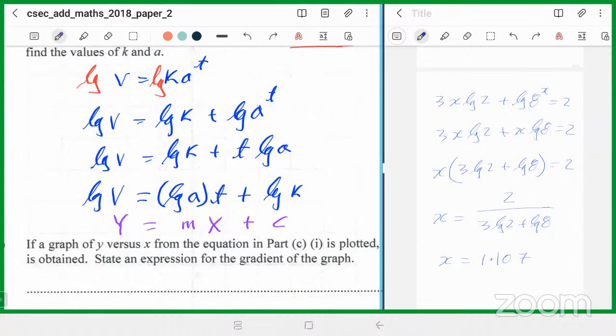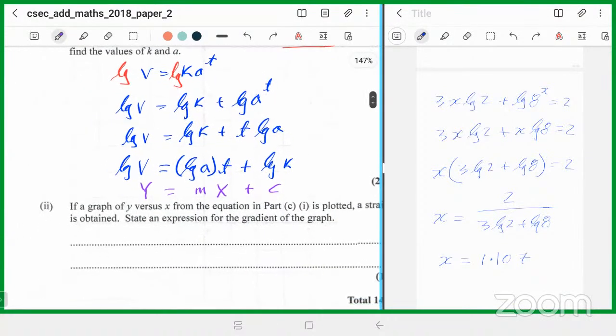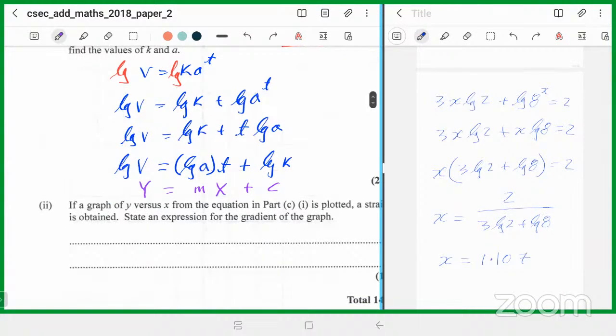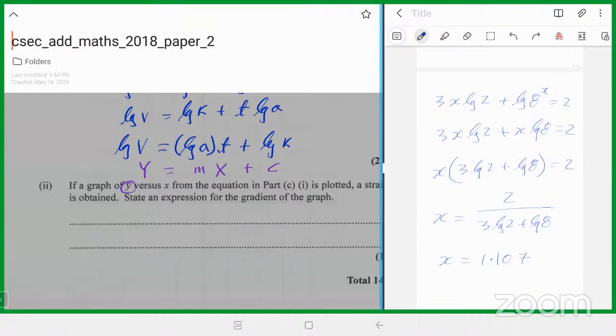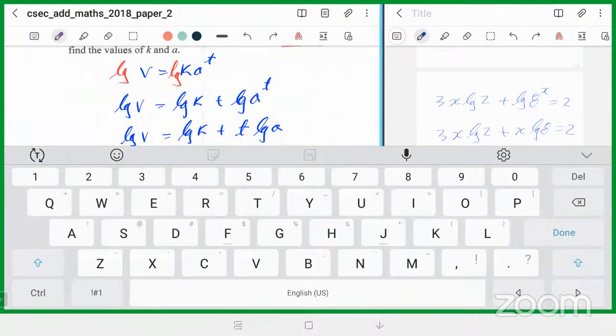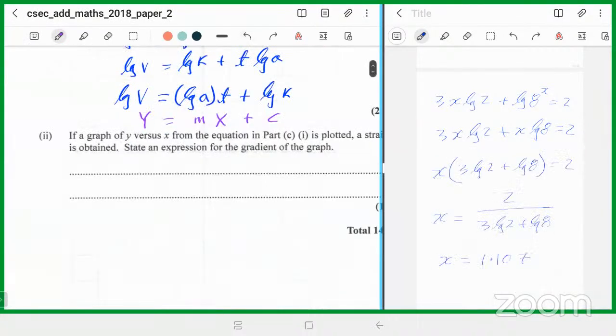Yes, sir. And the question is asking you here, if a graph of y versus x, if you recognize that, you're really talking as if this is our y. So we're talking about log v against x, and x is t. So in other words, if you plot a graph of log v against t, that's what I really mean here.